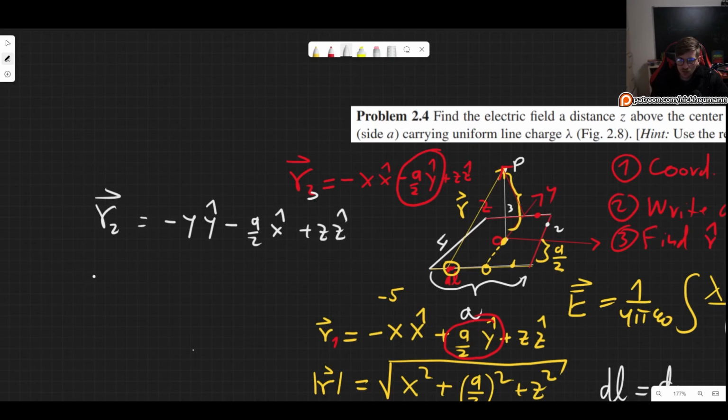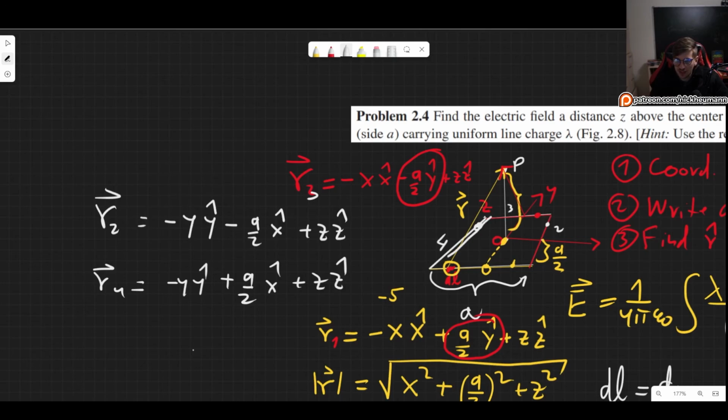And if you now go for R4, then let's say that you are maybe there, you still need to move this minus y hat, but then you need to move plus a over 2 x hat plus z hat. So once you do the integrals, the only thing that changes from all of these are these r vectors, so this is the part that's going to cancel out because of symmetry.